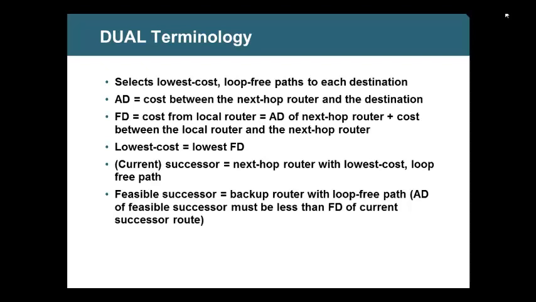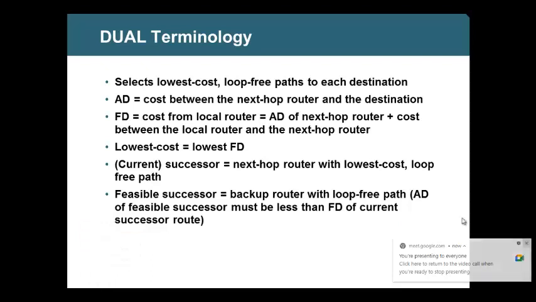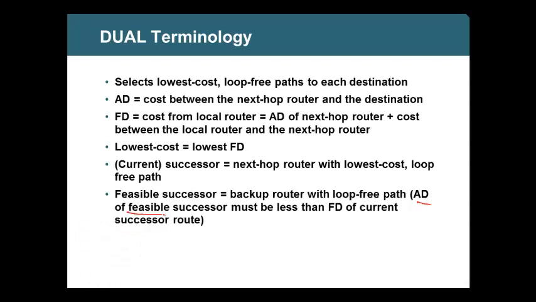The advertised distance of this route should be less than the successor value. That is what is written here in the bracket also. If you see, the AD of the feasible successor must be less than the FD of the successor. FD means what? Feasible distance of the successor.